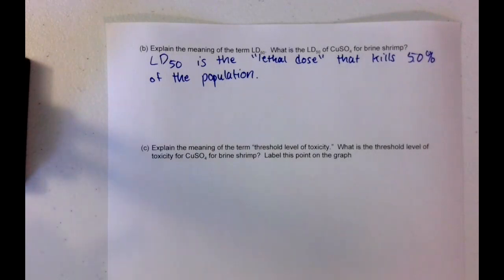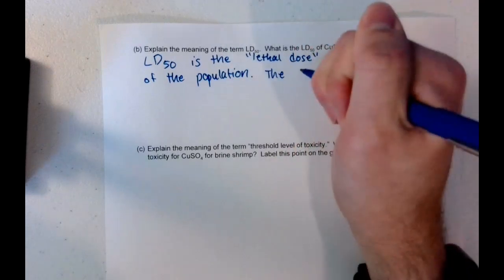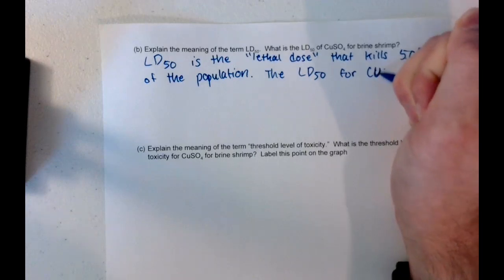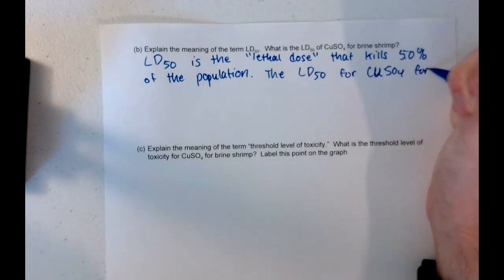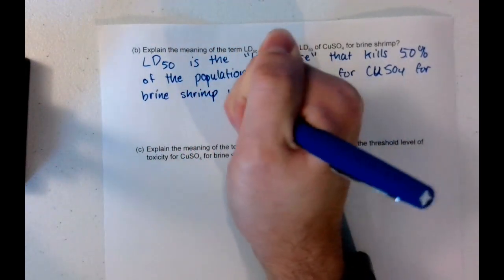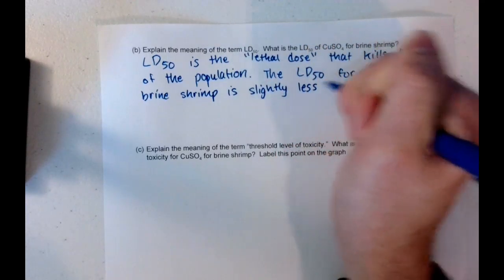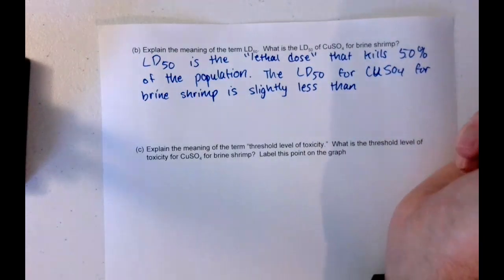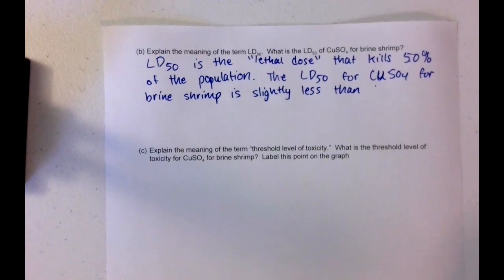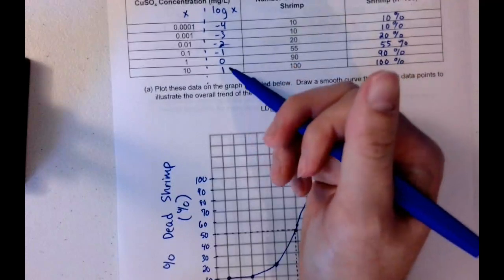So LD50 is the lethal dose that kills 50% of the population. What is the LD50 for copper sulfate? The LD50 for CuSO4 for brine shrimp is slightly less than... Since it's slightly less than -1 here, we have to go up and see which concentration was associated with -1.